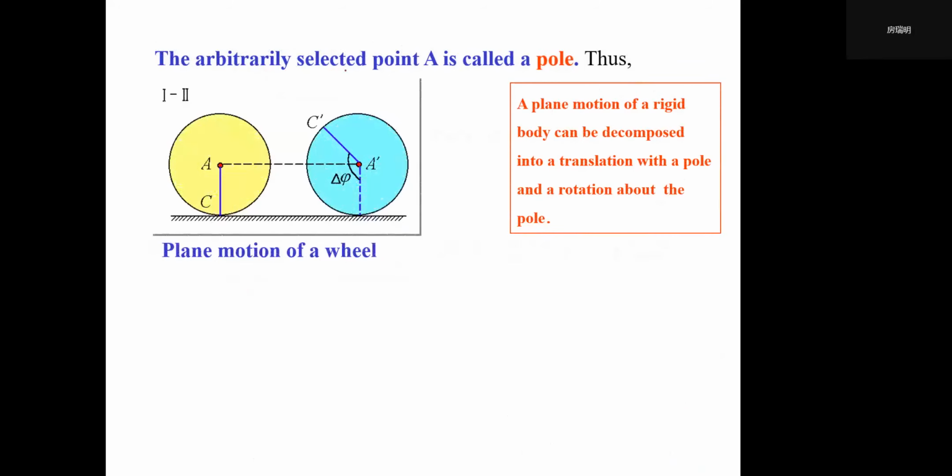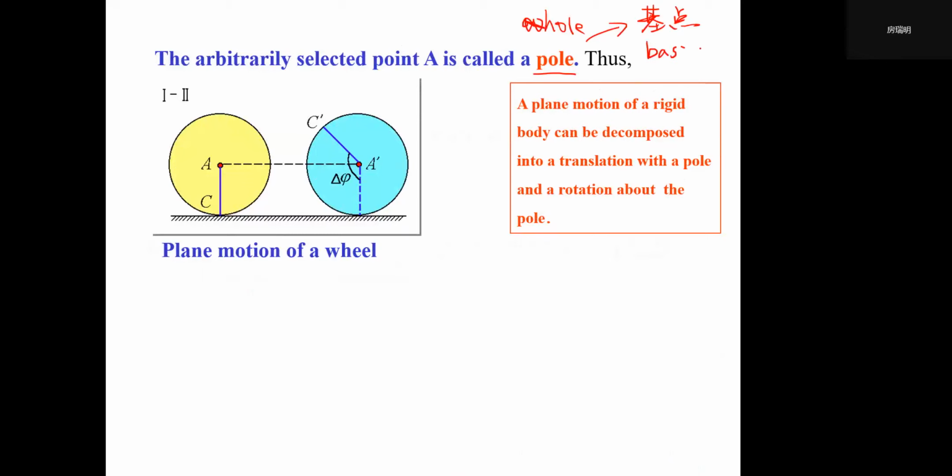The arbitrarily selected point A is called a pole. A pole maybe also has the meaning of a hole. In Chinese, we call that 基点. I think 基点 in English translation should be basic point.